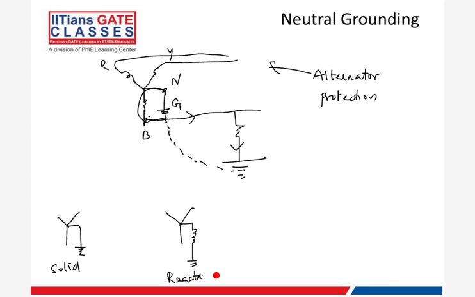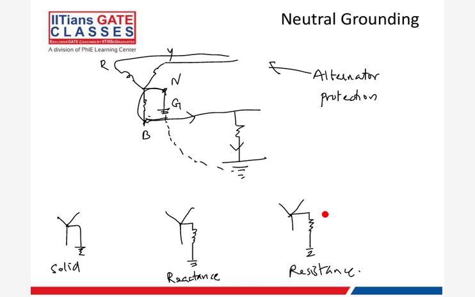And finally, if instead of a reactor we use a resistor, it is called resistance grounding.